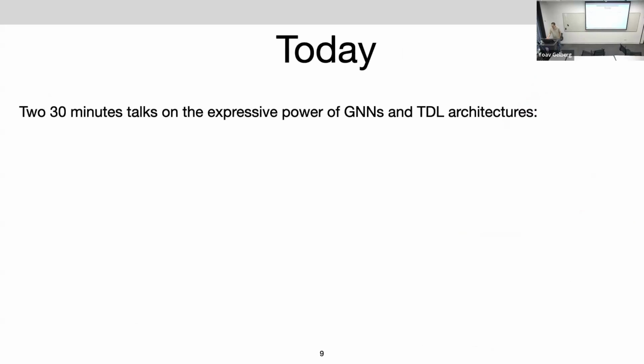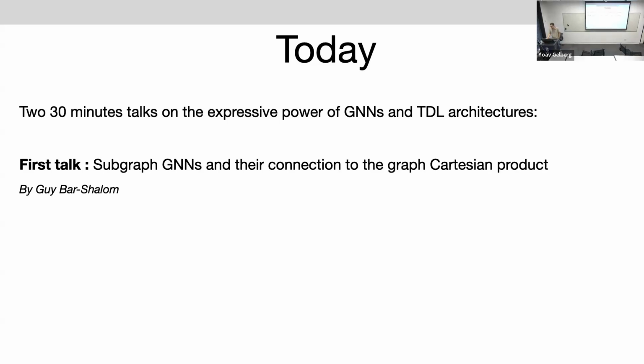So today we're going to talk about 2 lines of work that are kind of connected. We'll have 2 lectures by my students, 30 minutes each. The first one will be given by Guy Bar-Shalom, who will present his work on a family of expressive GNNs we call subgraph GNNs and their connection to the Cartesian product of graphs.